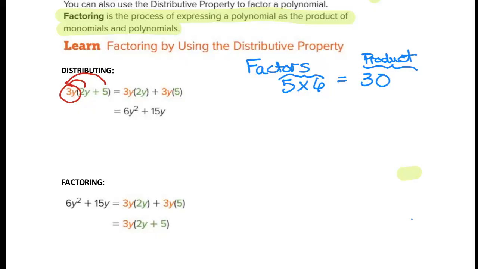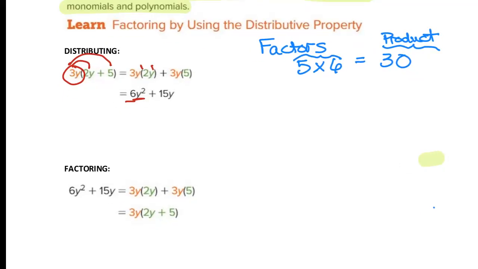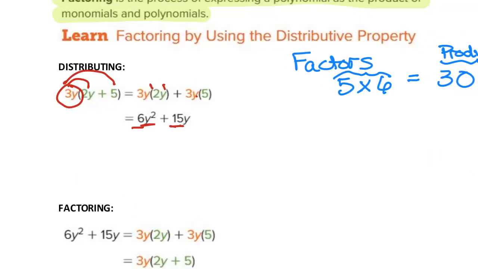So that's 3y times 2y plus 3y times 5. Notice they multiply 3 times 2 to get the 6. And you also have 2 y's, y to the second, that is being multiplied. Plus 3 times 5 is 15, and you have 1y. Okay? That's what we're used to.